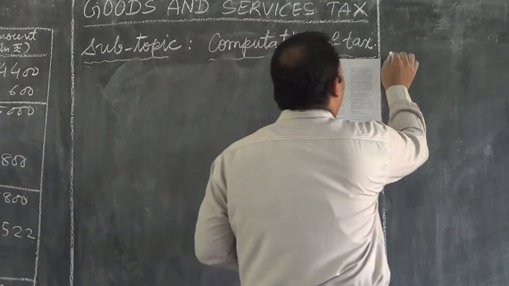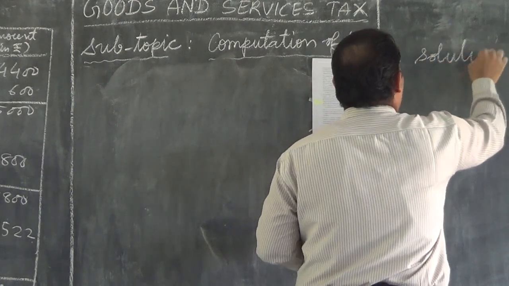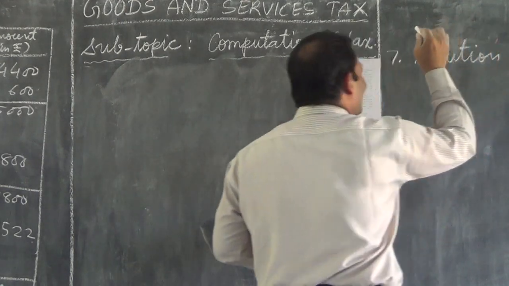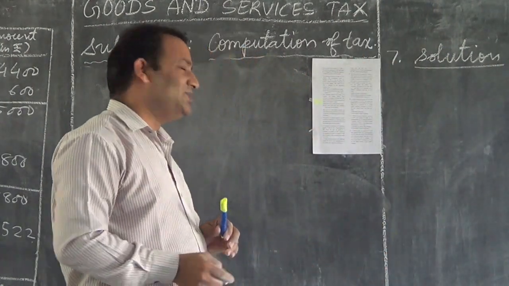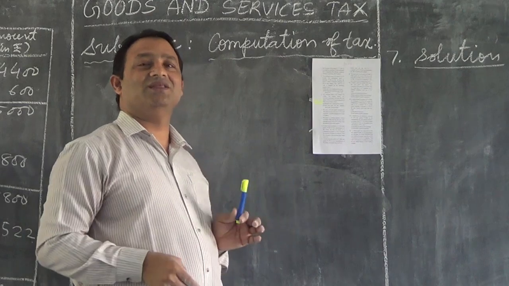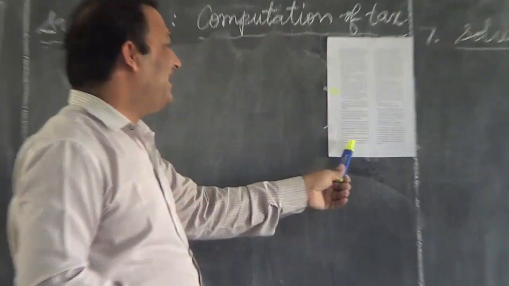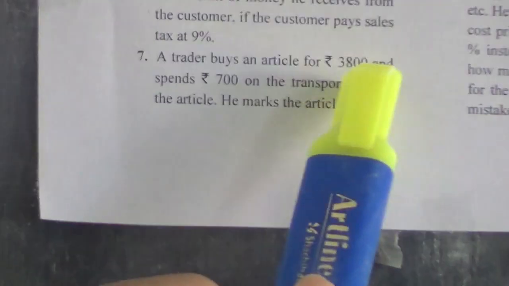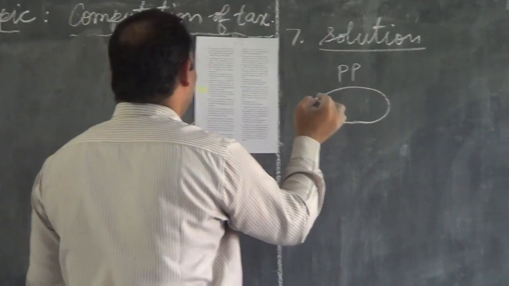Question number 7. Just think of the flow of control, as I told you, how the solution will flow, how the story will flow. This is nothing but a story. So what is the story saying? A trader buys an article for 3800. Buys means what will we write in the solution story, children?